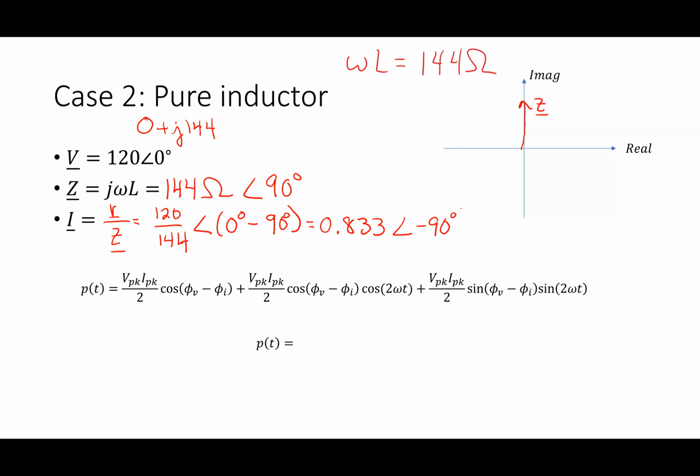Help me with my phasor diagram here. Where do I draw the voltage phasor and where do I draw the current phasor? Voltage is on the real axis. He's over here, almost as big as Z, and I still have this wee little tiny thing for the current. Now, what did we say the other day? For an inductor, the voltage leads the current.